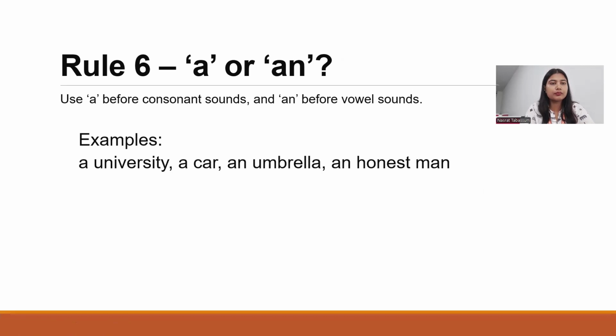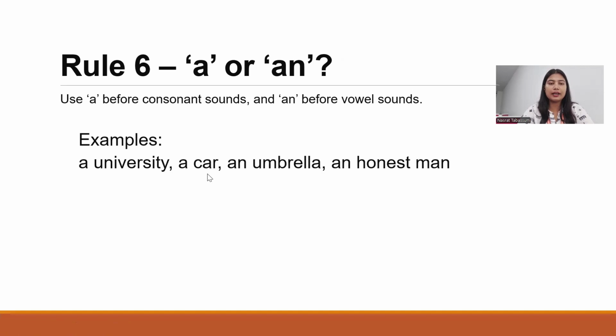Next rule, rule number 6. That means place your articles very properly. Wherever a or an is required, I'm sure that you must have learned these things in school, in previous verbal classes, but always look for mistakes in a, an, or the.